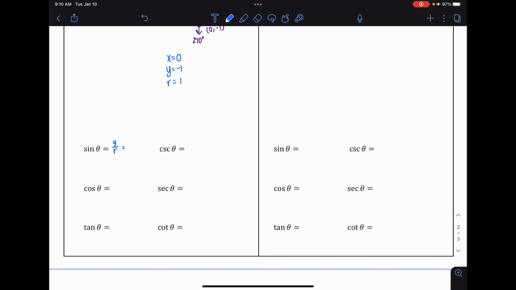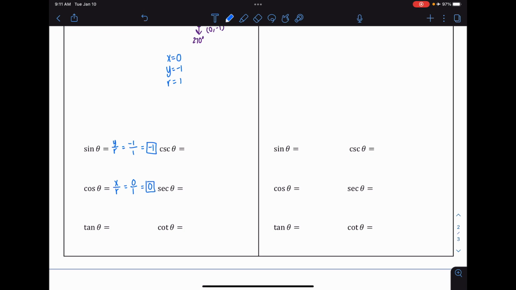Y we see is negative 1. R is 1. So that means that sine of theta is equal to negative 1. Cosine of theta is x over r. X is 0, r is 1, and 0 divided by 1 is equal to 0.